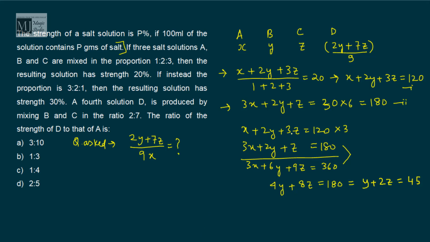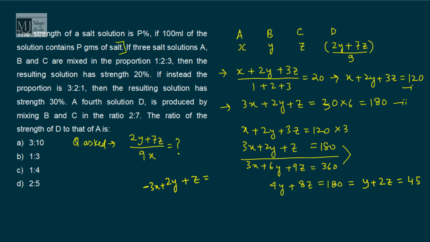Now if I subtract the original two equations, 4y minus 2y is 2y, 8z minus z is 7z, and 0 minus 3x is minus 3x.